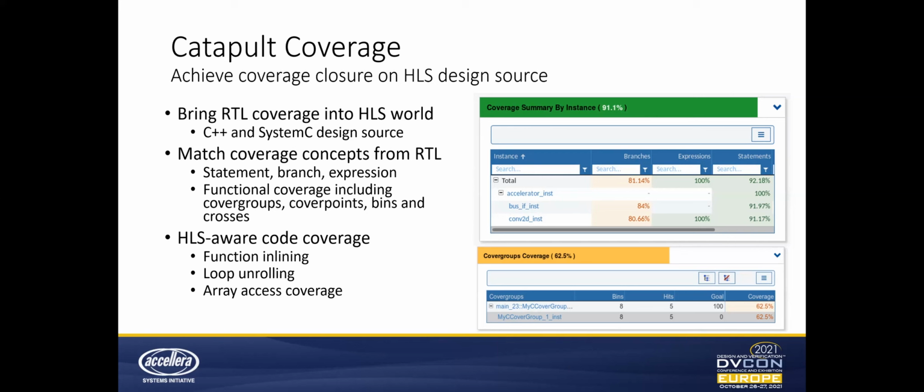A key thing to note when it comes to tracking code coverage against C++ or SystemC that's modeling hardware is to keep in mind the sorts of hardware structures that are going to be synthesized. For example, if you have a loop in your C source, that will often show up as multiple blocks of logic operating in parallel, each block running as one iteration of that loop.